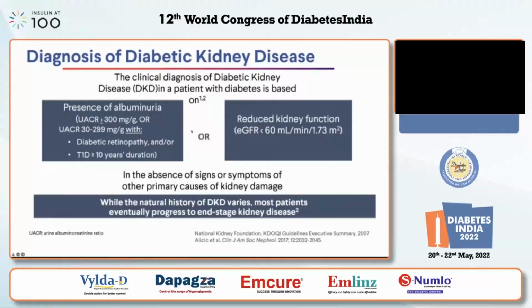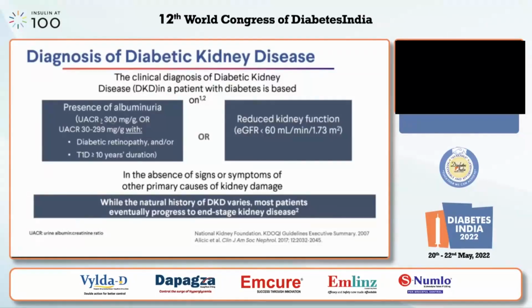The other way, which we think is much more important or equally important, is the presence of albuminuria. The urinary albumin creatinine ratio is a formula that takes into consideration the urinary albumin and urinary creatinine. Less than 30 is normal. From 30 to 299 is already microalbuminuria, and macroalbuminuria is a urinary albumin creatinine ratio more than 300.